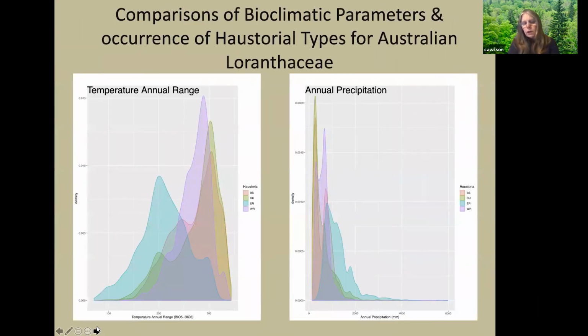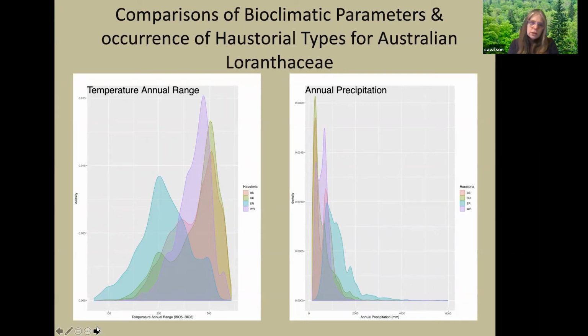And the other thing, one thing that I've been working on quite a bit, and this work is in Australia, not in the Pacific Northwest, is: are the mistletoes also vulnerable to their environment?